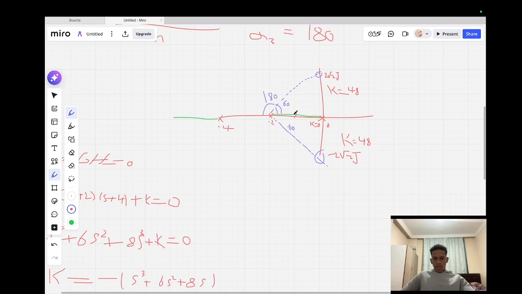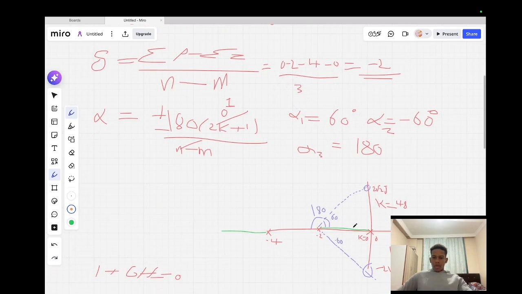And at this point, here we have minus 0.8. This is the first branch.